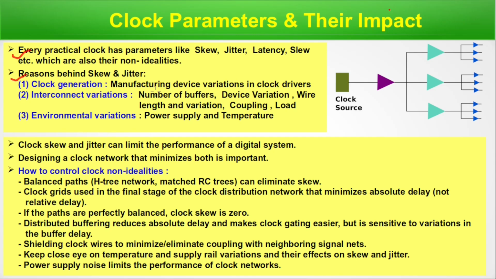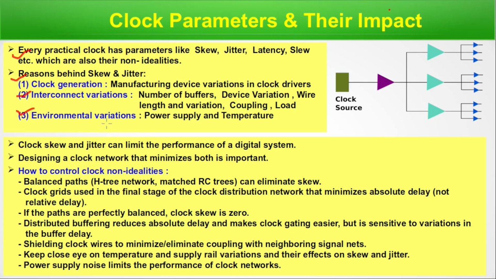Reasons behind skew and jitter: clock generation, manufacturing device variation in clock drivers, interconnect variations, number of buffers, device variation, wire length and variation, coupling, load. These all could be the reason. There are basically three reasons: clock generation, interconnect variation and environmental variation.